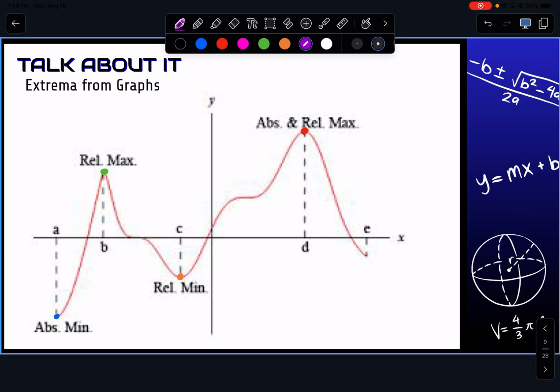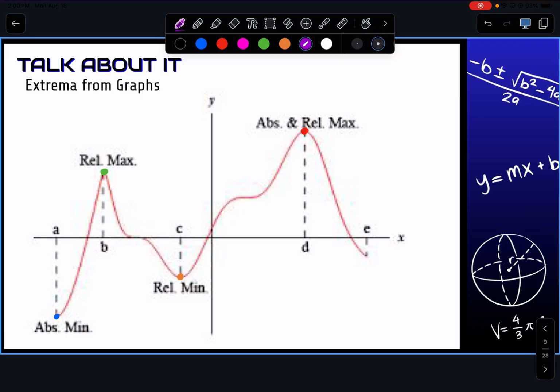All right, starting left to right here, this first one that you probably drew is our furthest down, our lowest point. Absolute minimum means that it is absolutely, positively the lowest in the whole graph. There's nothing that ever goes below that. And that's what that first point is.